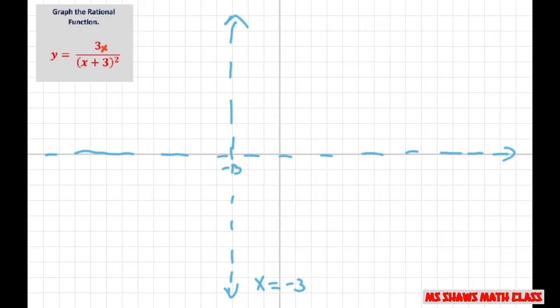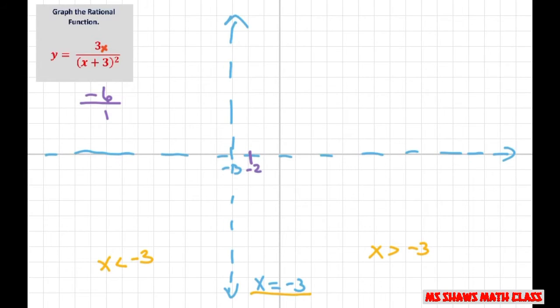Now what I want to do is look and see what this graph is doing when x is greater than -3, so on this side of the vertical asymptote, and then what's going on the left side, and plug in some points. Let's plug in -2. I'll get -6 divided by (-2 plus 3), which is 1, squared is 1.